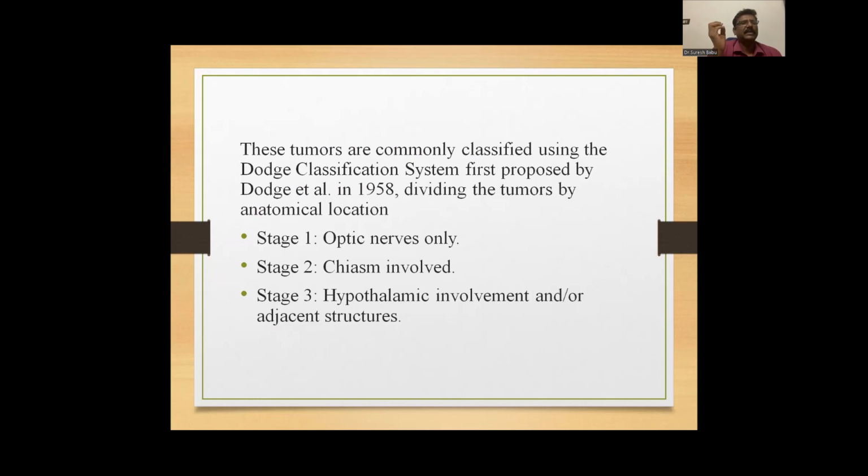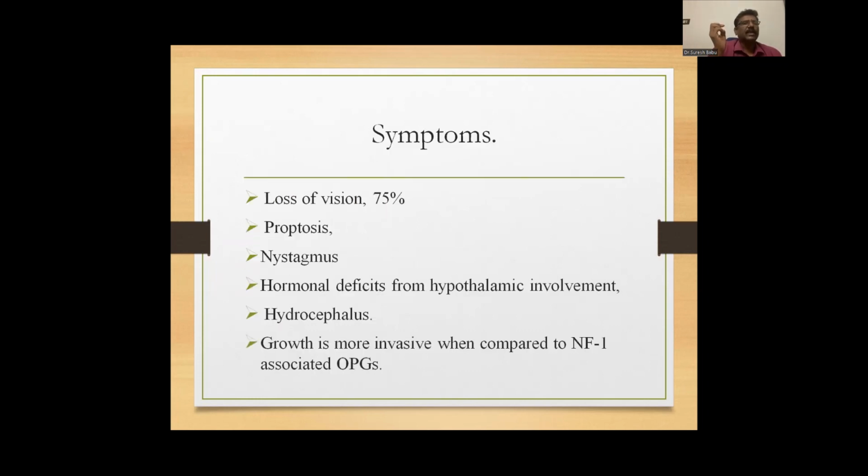Yes, next slide, please. The common symptoms: the majority of patients, more than 70%, will have visual disturbances and loss of vision. And proptosis: if there is optic nerve involvement within the orbit, these patients will have proptosis, whereas if it is intracanalicular or intracranial, the chances of proptosis are very low.